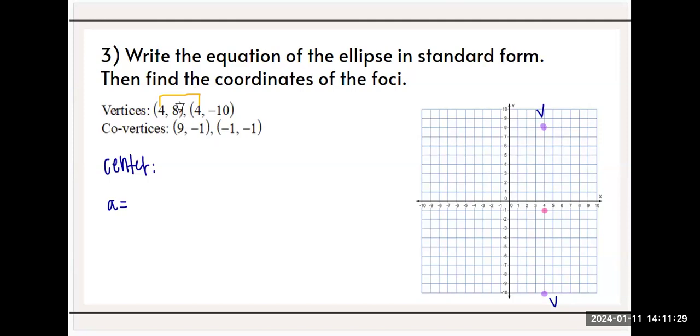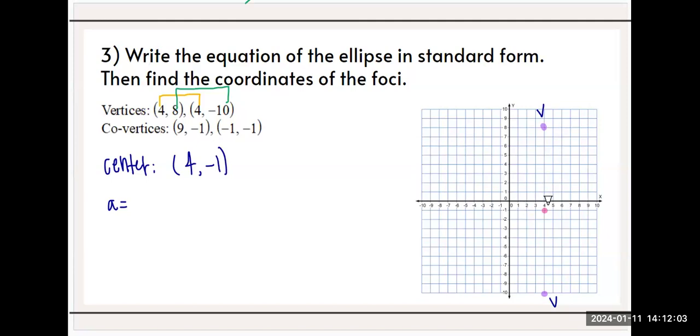So for the x coordinates, what's the average of 4 and 4? 4. And then if you average 8 and -10, you just add them together, divide by 2. Average the y coordinates. So when you add those, you get -2, divide by 2, and that's -1. And so that is the same thing we got when we did it on the graph. Okay, so with or without the graph.